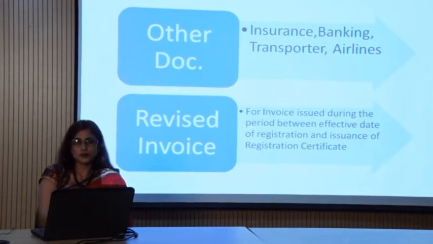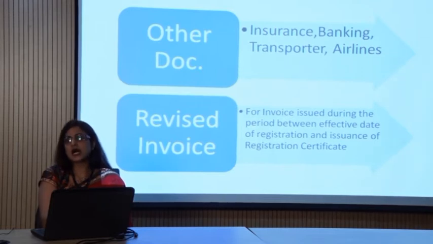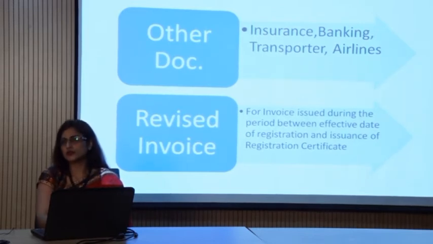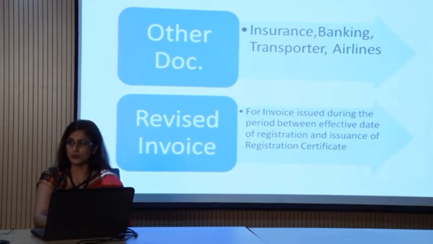Now what happened? On the 1st of October I am not registered, because I am given 30 days to get my registration from the 1st of October. So I applied for the registration on 20th October 2017.